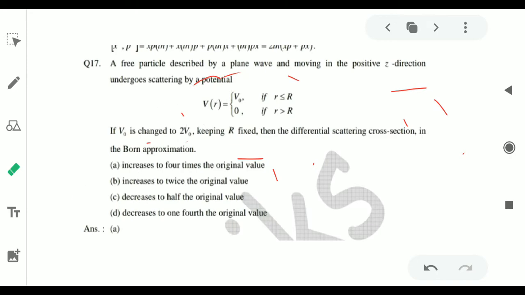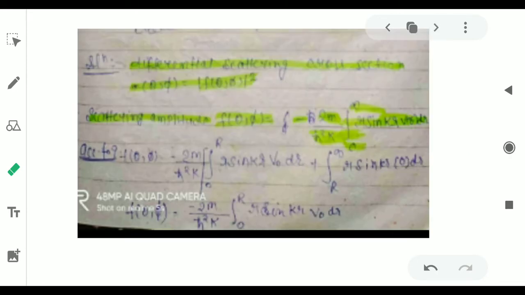First we have to know the differential cross section formula. Okay, this is the formula: 2m upon ħ² times the integral from 0 to infinity of r sin(kr) V(r) dr. Okay, this is the formula. You have to remember this.